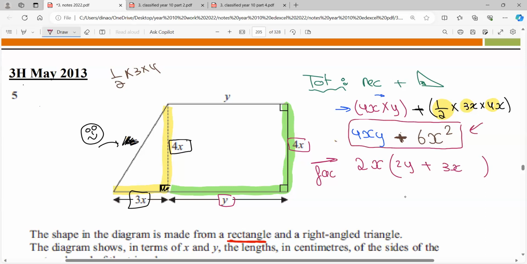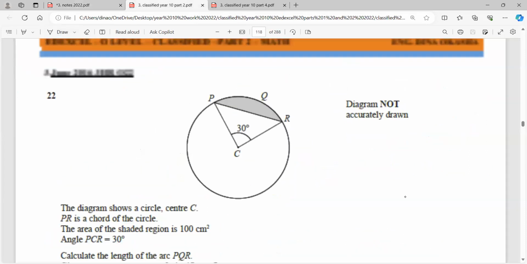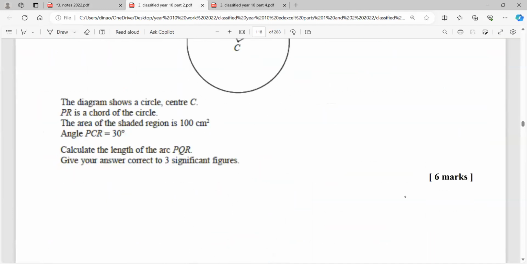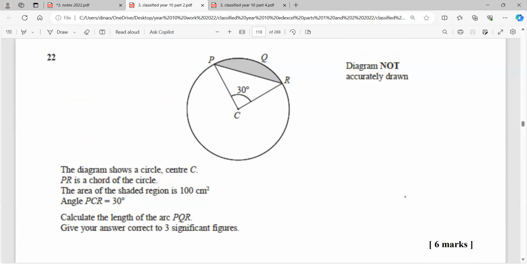Although I don't think that you need to factorize. And this is an algebra question here, as you can see, which is not that difficult. And what applies on algebra applies on numbers. Actually, I saw another algebra question, but I don't want to make the video longer because I actually have more important questions to do.